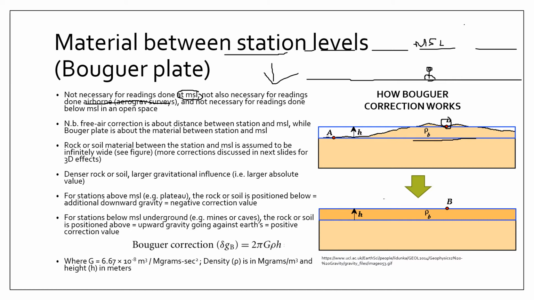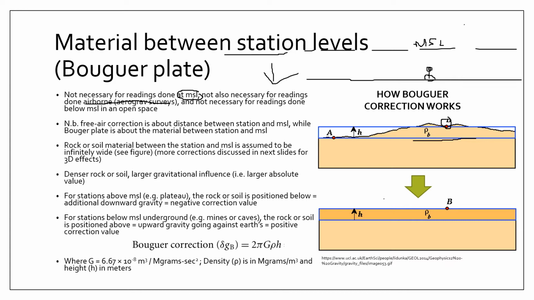Now, going back, the free air correction is about the distance between the station and the mean sea level, while the Bouguer plate correction is about the material between the station and the mean sea level. So if there is no rock or soil sandwiched between the mean sea level and your survey station, then you don't need any Bouguer plate correction.